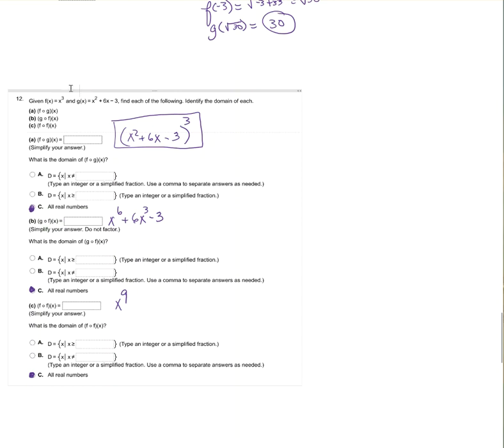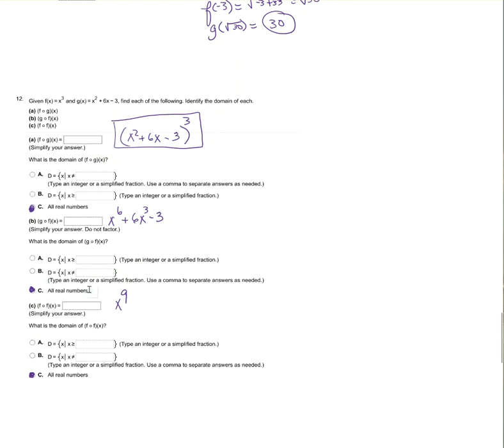G of f, we're going to take this f and put it everywhere there's an x. So if we put x cubed right here, we get x to the 6th. If we put it here, we've got 6x cubed, and then we have the minus 3.